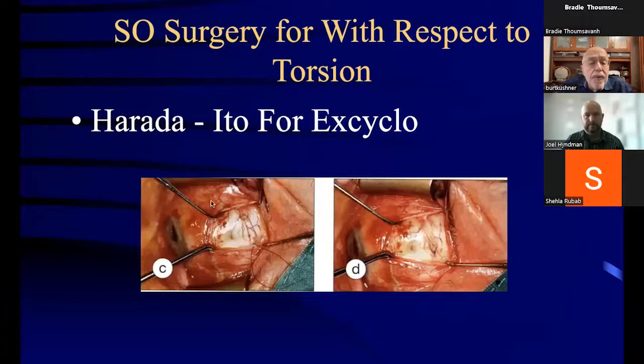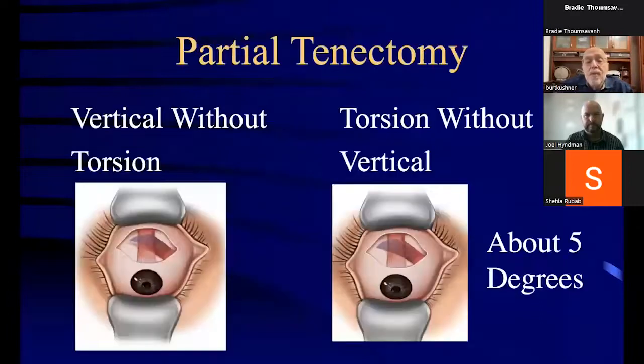Here the superior rectus is on a hook. This is the superior oblique tendon with sutures in it. And most people will suture them just at the superior edge of the lateral rectus muscle, about 7 millimeters back. That's a useful procedure for correcting X-cyclo without affecting vertical.